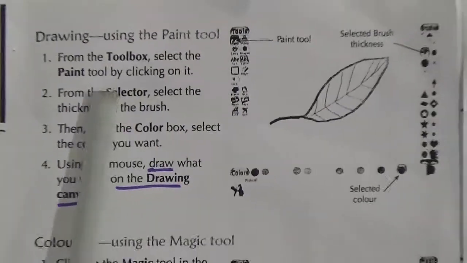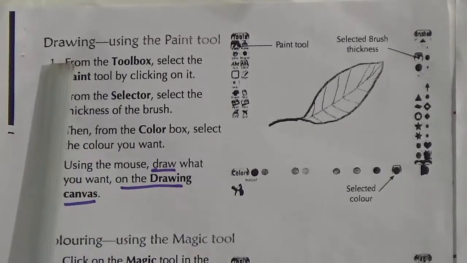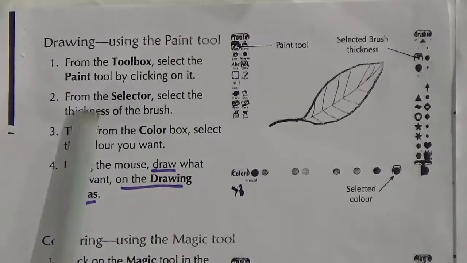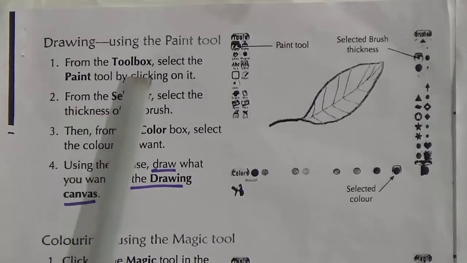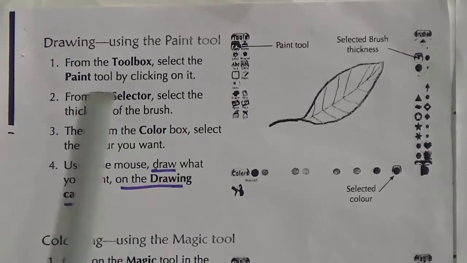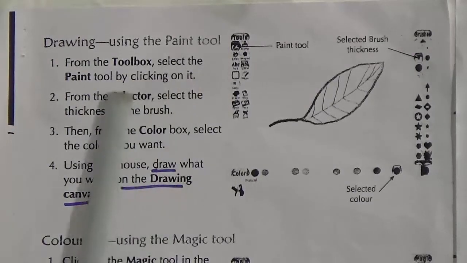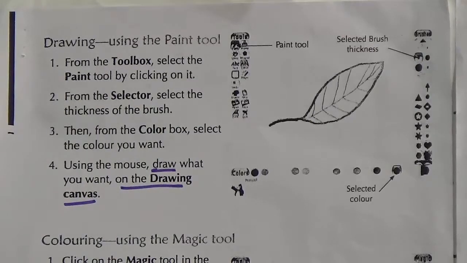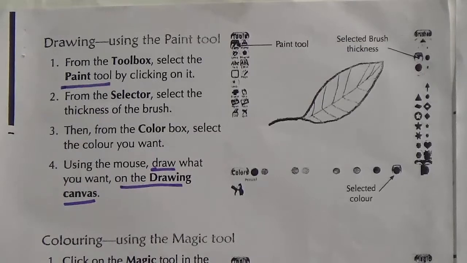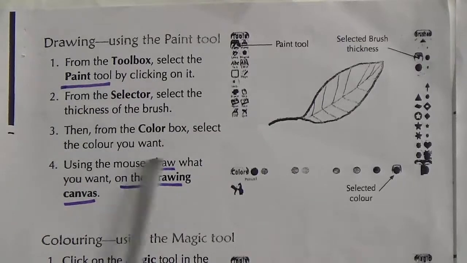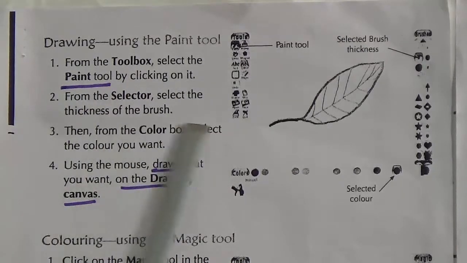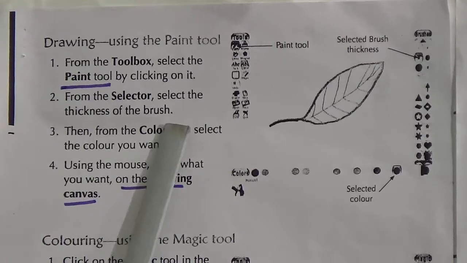Drawing, use the pen tool. How can we draw? From the toolbox, select the pen tool by clicking on it. So first from the toolbox, we have to select the pen tool by clicking on it. From the selector, select the thickness of the brush.